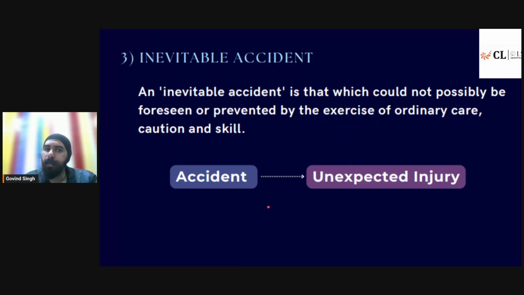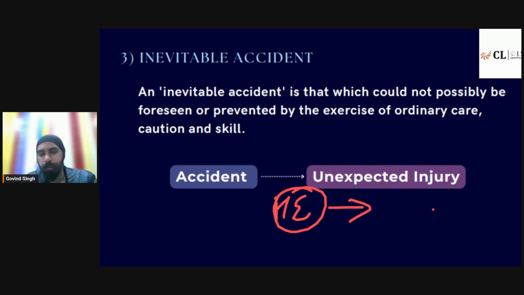Correct? Another example of this could be, let's say you were walking in a forest, on a hunting expedition. When you shot your gun towards, let's say, a deer, the animal quickly jumped and dodged the bullet, and the bullet hit a tree.